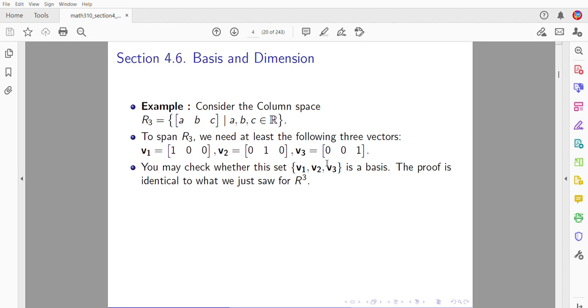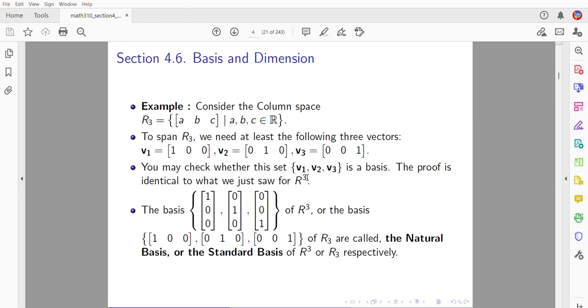The proof is identical to what we saw. So these are the column vectors 1, 0, 0; 0, 1, 0; 0, 0, 1 of the column space, or the basis is 1, 0, 0; 0, 1, 0; 0, 0, 1 of the row space.